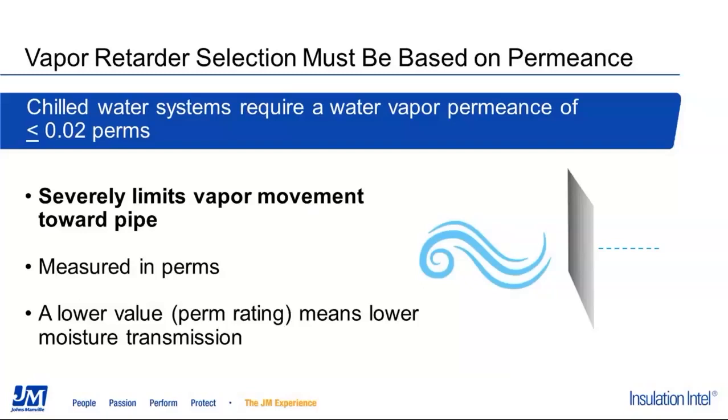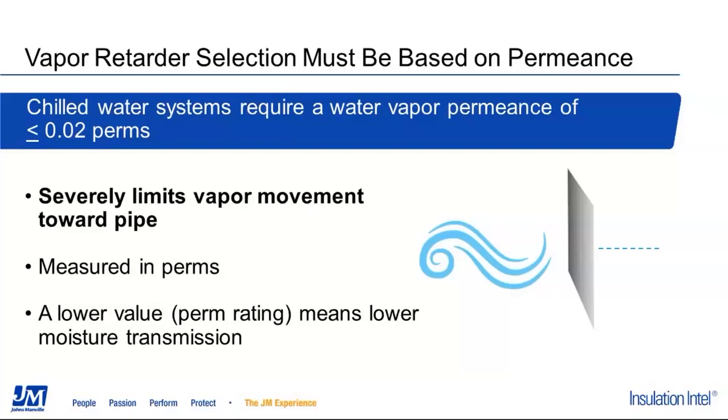The permeance performance of vapor retarders is measured in units of perm, and a lower value or a lower perm rating means lower water vapor transmission and therefore superior performance. In chilled water applications, the industry recommended standard for vapor retarders is less than or equal to 0.02 perms.